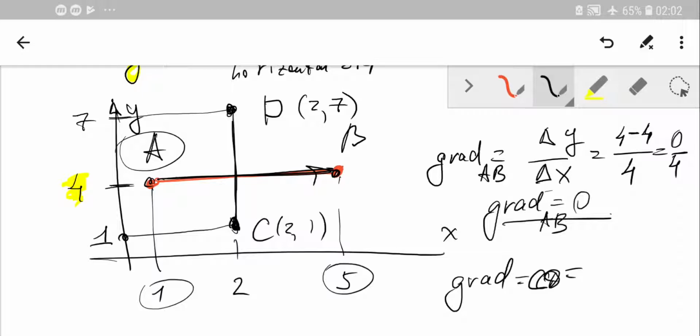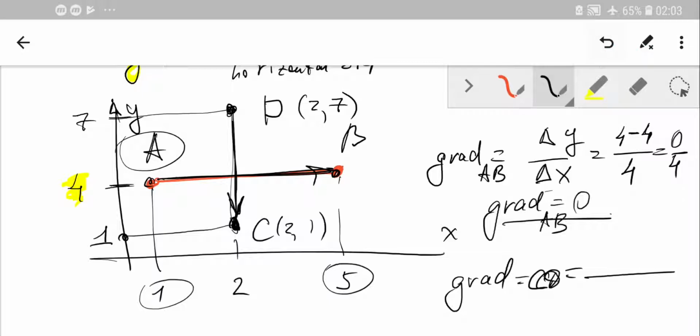Okay, so gradient for CD. All right, let's see. It's equal to change in y over change in x. So start from, let's say, D. Now we're just moving down. You see that step 7 to 1. Okay, might be negative, but we can move the other way back.